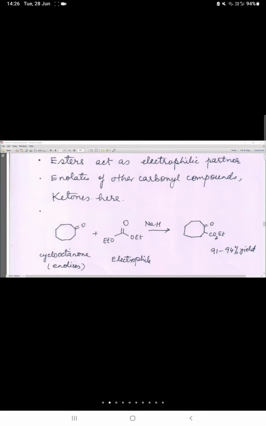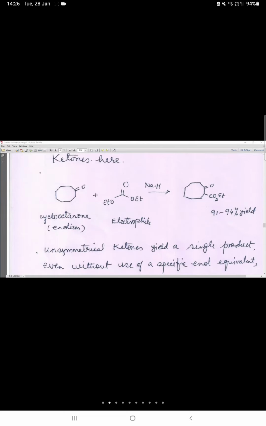So cyclooctanol enolizes easily and is then condensed with your ester, which is less electrophilic, in presence of sodium hydride, and very good yield of ketoester is formed, just 91% yield. That is very good.